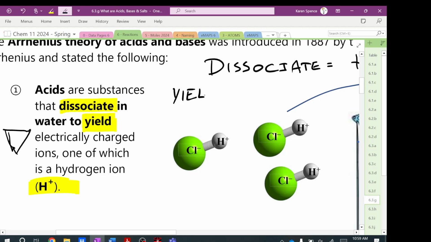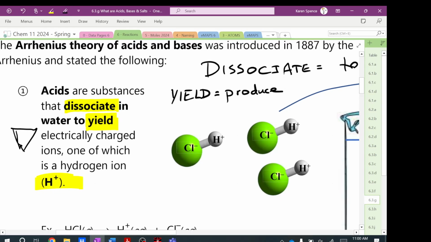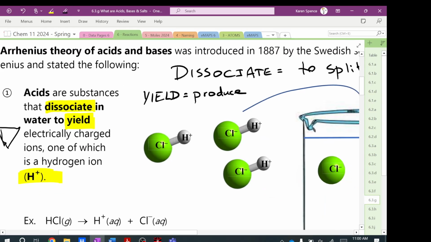Not produce like Brussels sprouts. So acids dissociate, they split apart, and they produce H+.